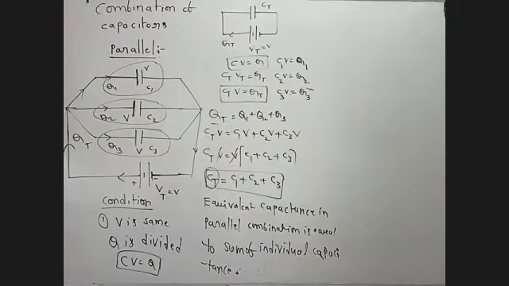That is, the equivalent capacitance in the parallel combination is equal to the sum of all the individual capacitances.